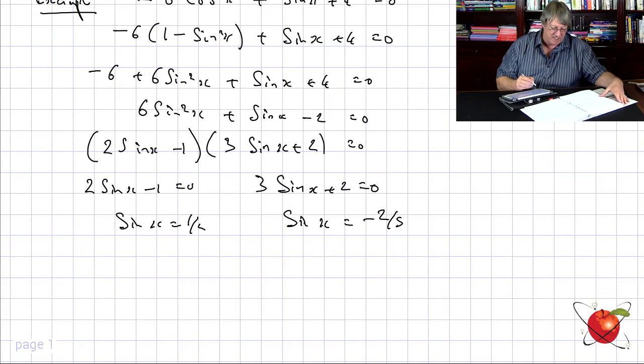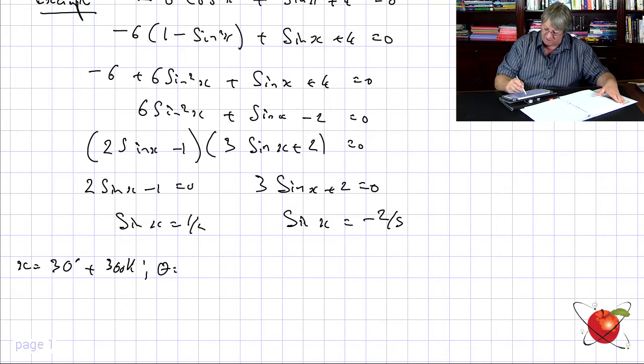We end up in this case with x equals 30 degrees plus 360k. Theta is equal to 150, or x. Keep writing theta. X equals 150 degrees plus 360k.